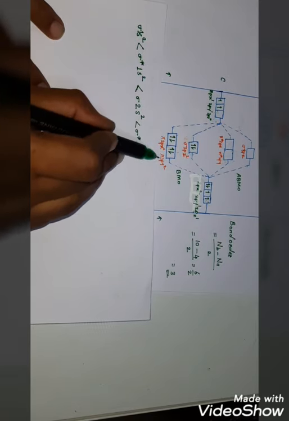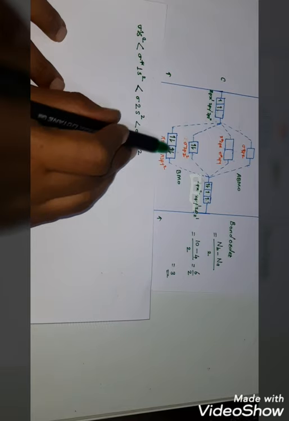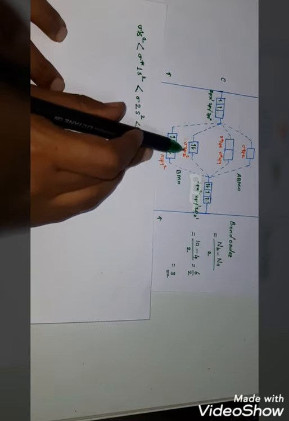Pi 2px and pi 2py have lower energy compared to sigma 2pz.